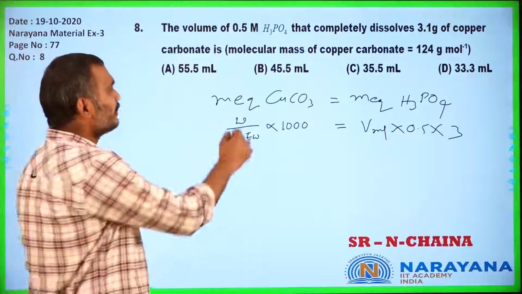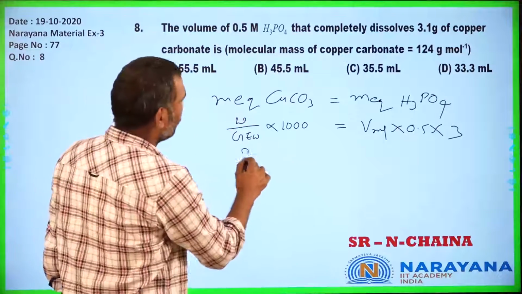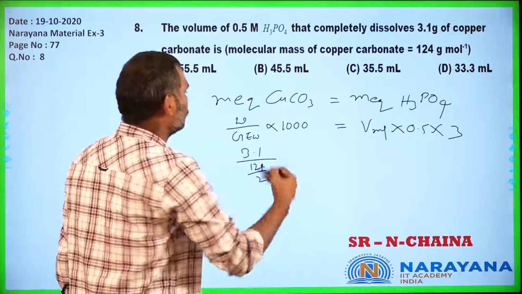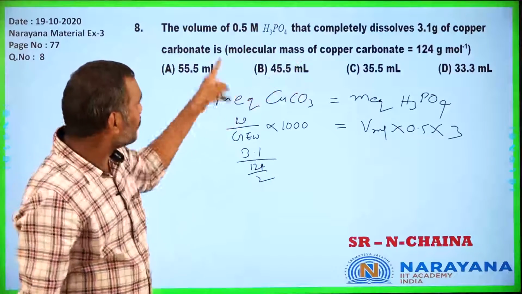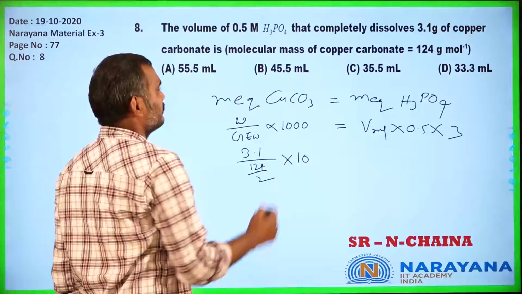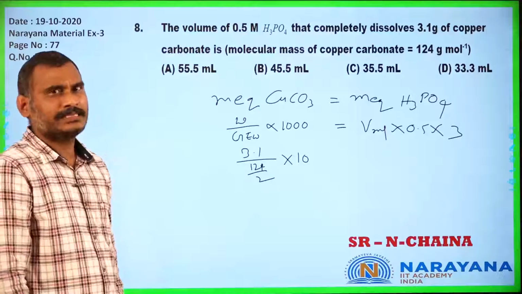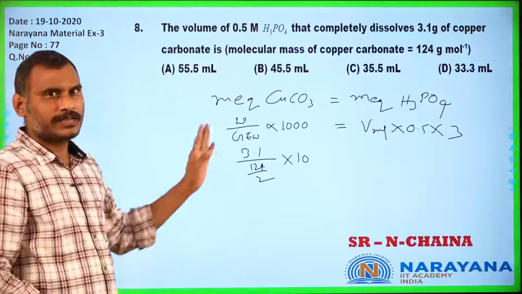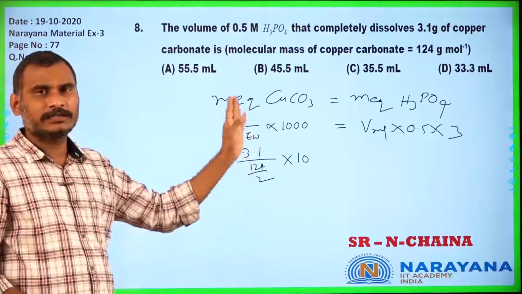Then weight is equal to 3.1. Gram equivalent weight is equal to 124 by 2. Why, sir? Because copper carbonate is Cu plus 2 and CO3 minus 2, into 1000. Milli equivalents is number of millimoles into n factor.